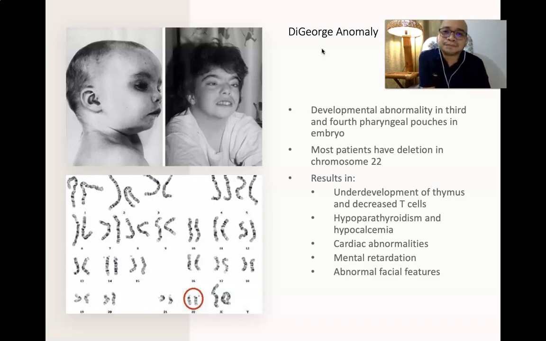People with the DiGeorge anomaly may suffer from cardiac abnormalities, mental retardation, and abnormal facial features. If we examine the karyogram, you would notice that the majority of patients with the DiGeorge anomaly have deletions in chromosome number 22.